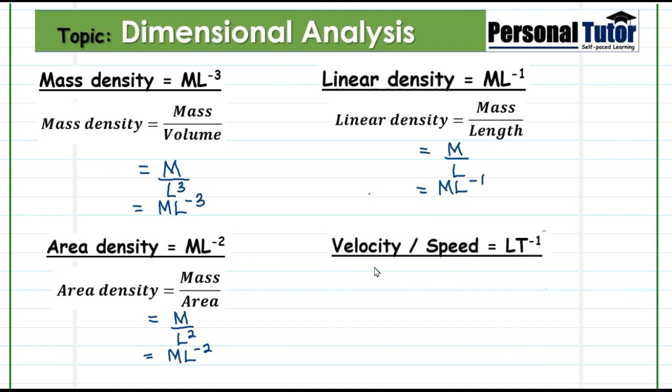Now to velocity or speed. It is LT exponent negative 1. It is so because velocity is expressed as displacement over time taken.